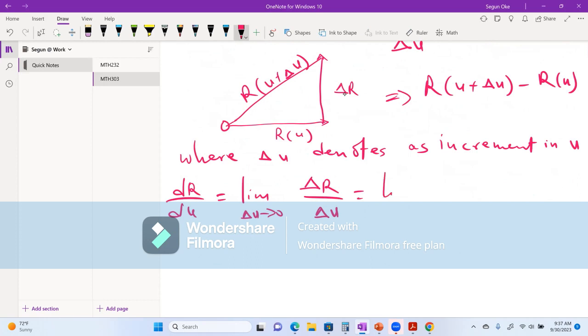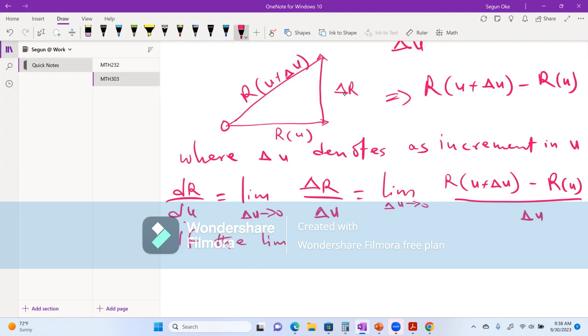That is, the limit as change in u tends to 0 of R of u plus change in u minus R of u, everything divided by change in u. If this limit exists, that means we have dR/du.